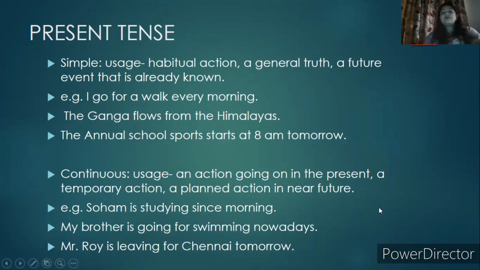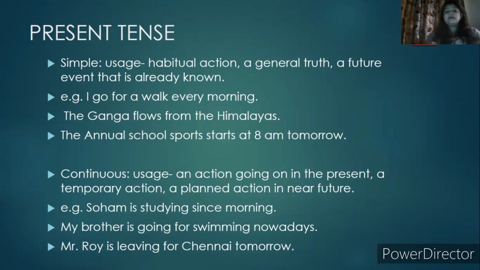That means an action which has not happened in the past, an action we don't know whether it is going to continue in the future, but it is happening in the present. For example, my brother is going for swimming nowadays. Then again, we use it to denote a planned action in near future. For example, Mr. Roy is leaving for Chennai tomorrow.